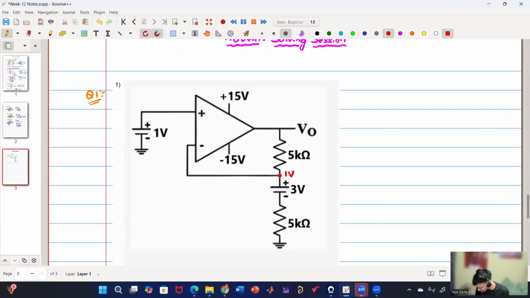So if this is 1 volt, what will be this voltage?